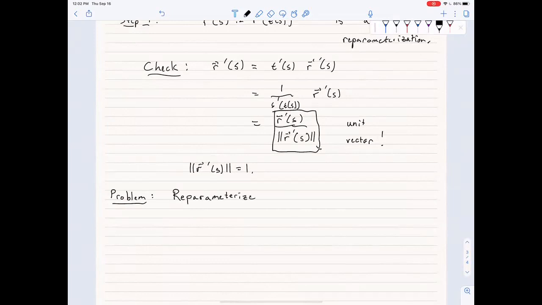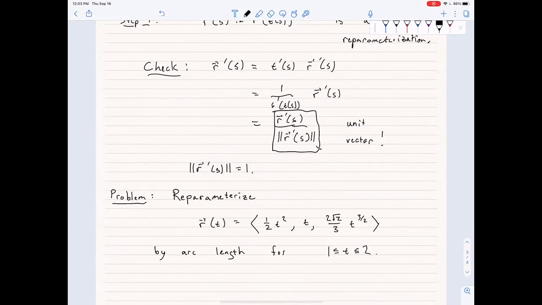So reparameterize R of t. Okay, so let's see if I was crafty enough. R of t equals 1/2 t squared, t, 2 times the square root of 2 over 3, t to the 3 halves. And here, I want to reparameterize it by arc length for t between the values of 1 and 2.